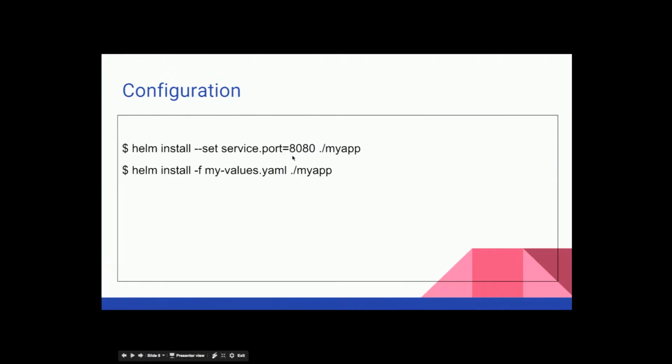So instead of hard coding that in a manifest, it will be picked up during the deployment phase. We can give that a value, and then we can also have the values taken from a file, which is a key value file.